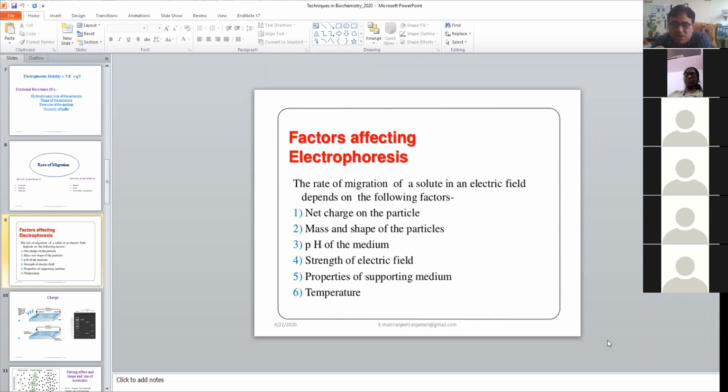Even for protein, pH is slightly alkaline. This is because of the charge which these particles accumulate in their structure. pH is an important parameter which decides not only the movement but also the resolution of that particular particle on the gel.